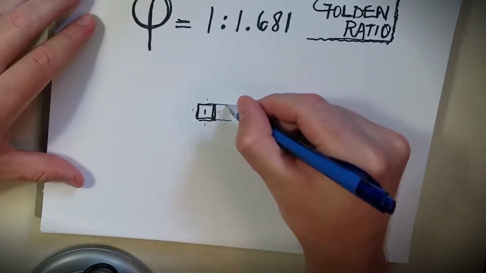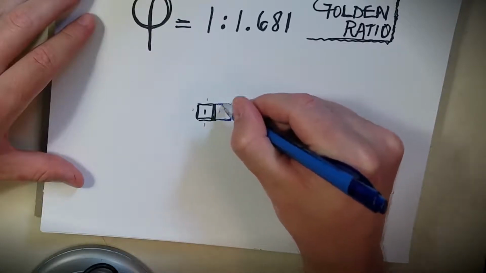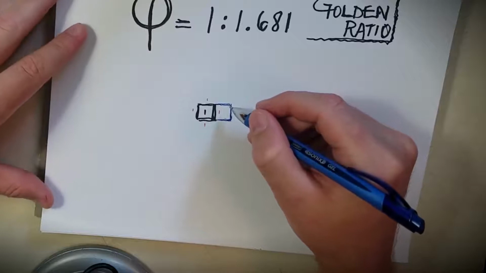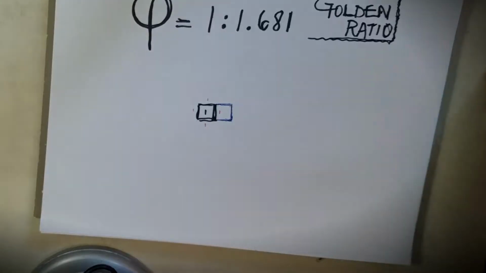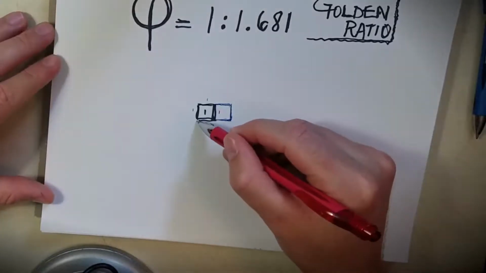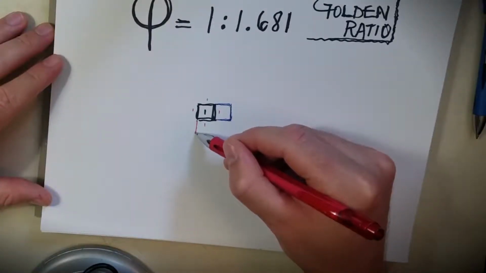So I'm going to draw another square, with sides of length 1 unit. And then here, I'm going to draw a square underneath this with a side length of 2 units.